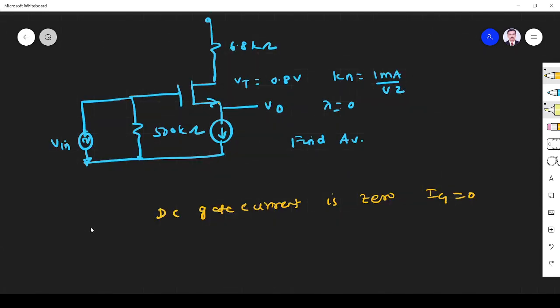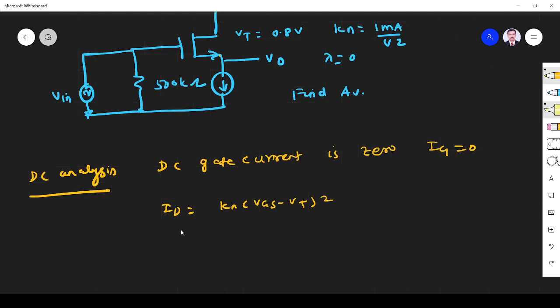First we are carrying out DC analysis on this. So ID is equal to Kn (VGS minus VT) squared. Okay, so ID is 0.5. I think it is given in the problem.